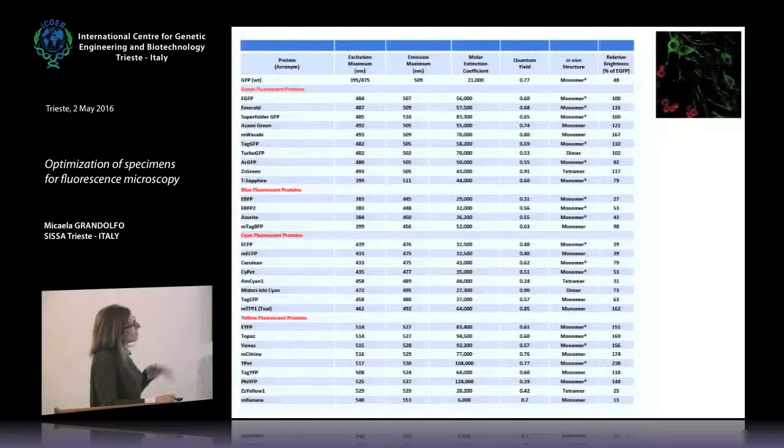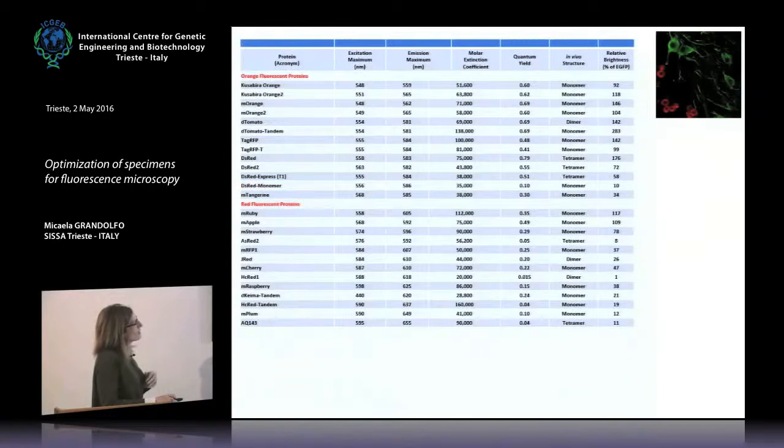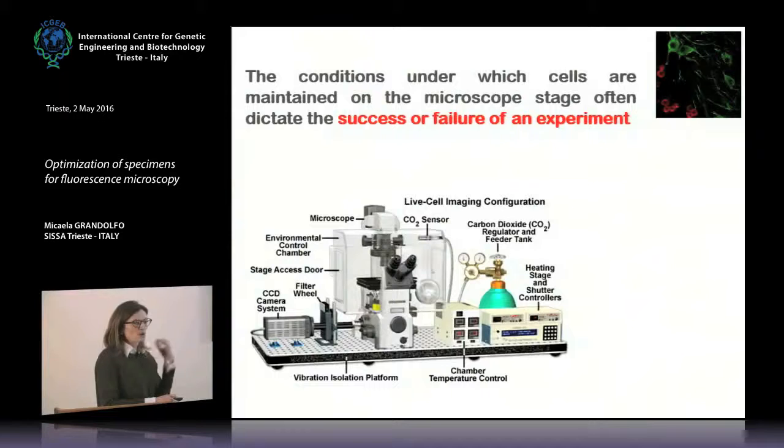So I'll skip these long lists of fluorescent proteins and dyes, and I want to start taking into account the conditions under which cells are maintained on the microscope stage, because very often these conditions dictate the success or the failure of your experiment.